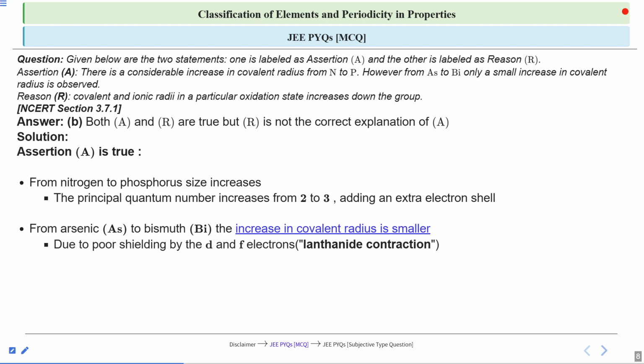If you look at the period of arsenic and bismuth, in that group your d and f subshells are being filled. In doing so, you are decreasing the shielding effect, because d and f have a poor shielding effect. This phenomenon is related to a very famous term known as lanthanide contraction. Due to the poor shielding of d and f subshells, the contraction of size takes place, and that phenomenon is called lanthanide contraction.